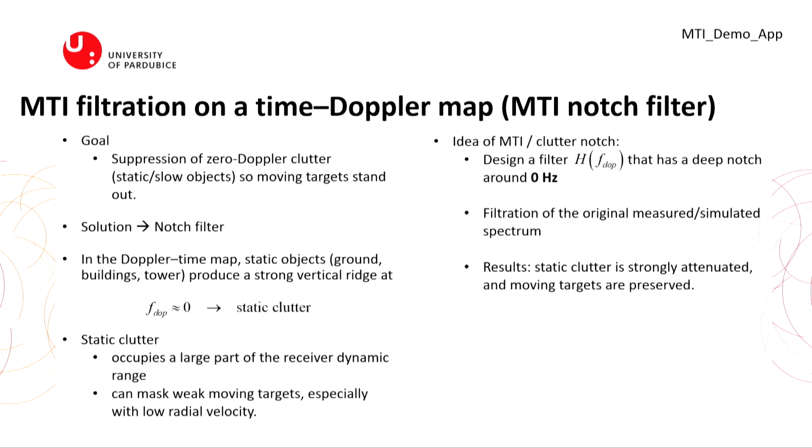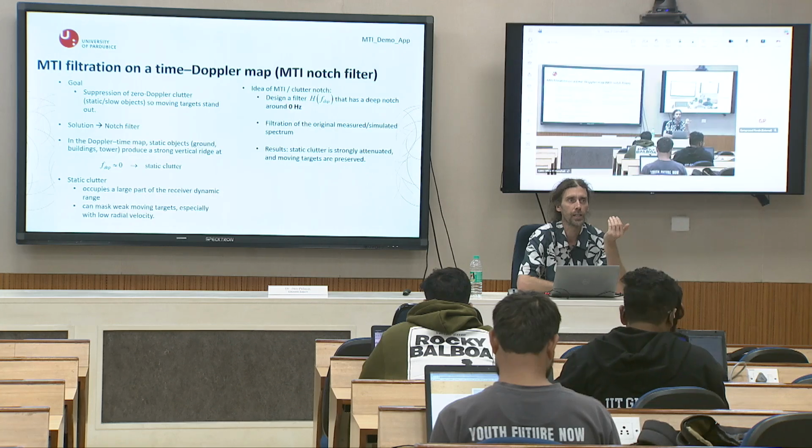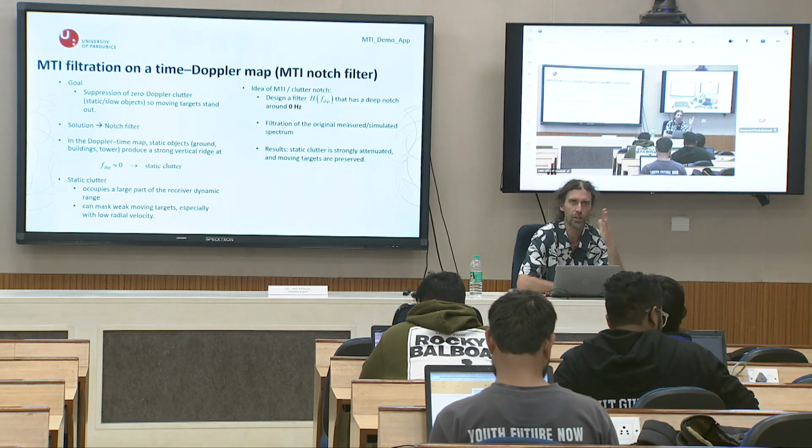So next will be MTI filtration on the time Doppler map. It is an MTI notch filter. The goal is suppression of zero Doppler clutter. It means I want to suppress static or very slow objects, because even the movement of trees or jittering of some towers and so on.